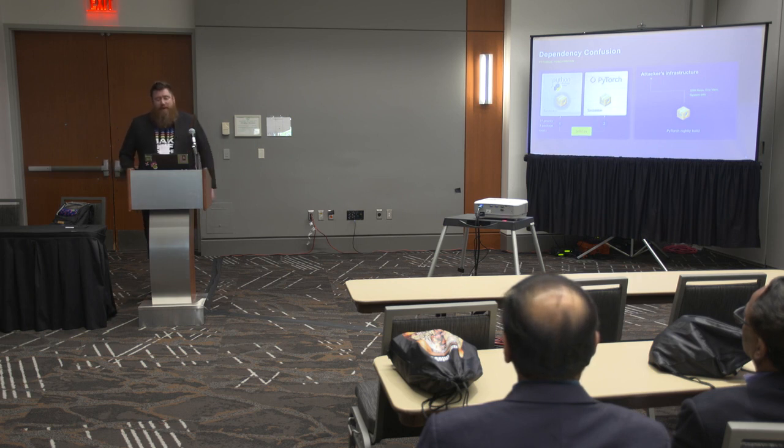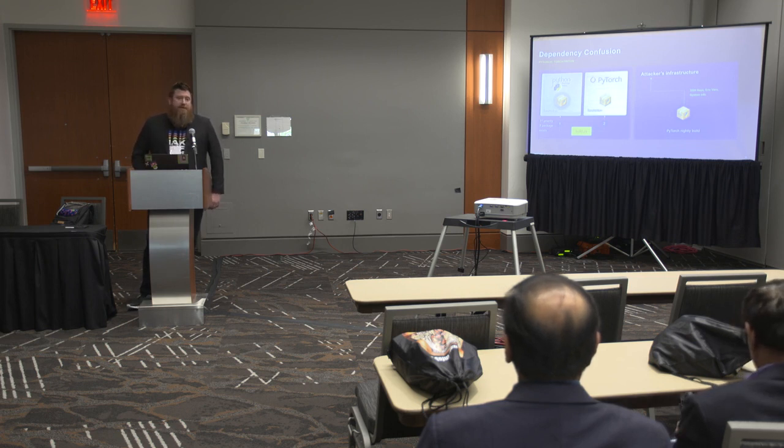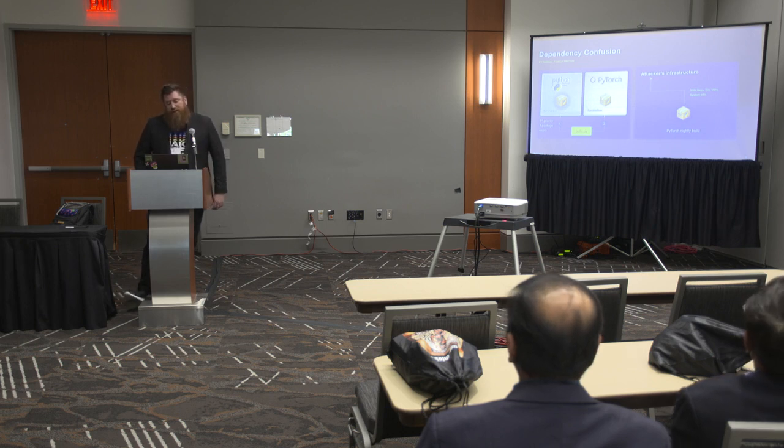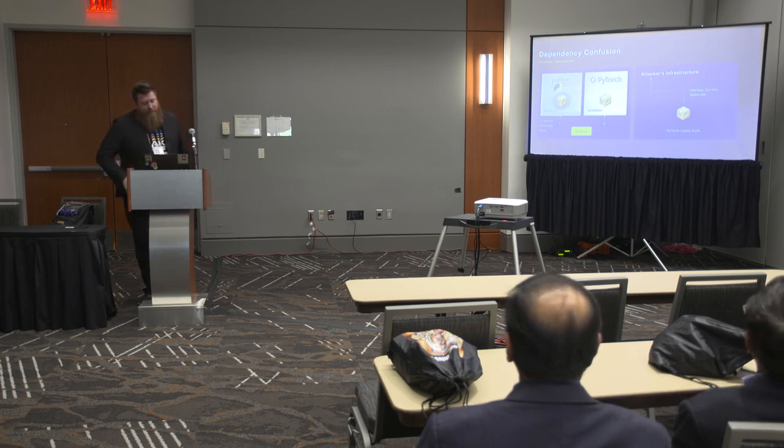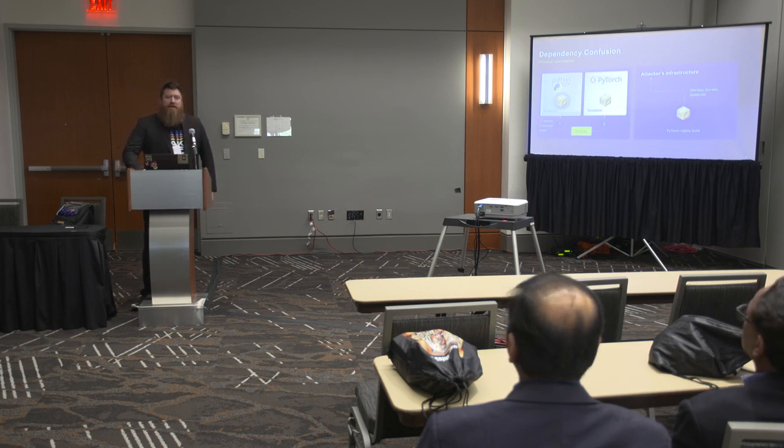They downloaded it, and the attackers were able to steal SSH keys, environment variables, and system information. And PyTorch did release a new version of Torchtriton with a prefix of PyTorch to stop that going. But I believe 2,300 downloads happened before they actually did that.